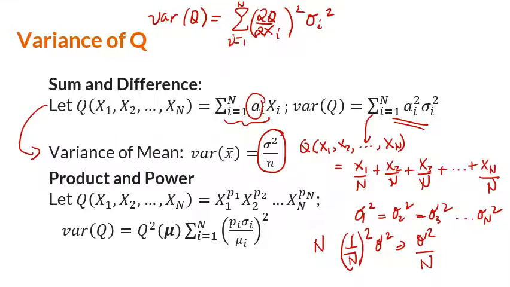So we have now derived it. So initially tinanggap lang natin to yung variance na ganyan.